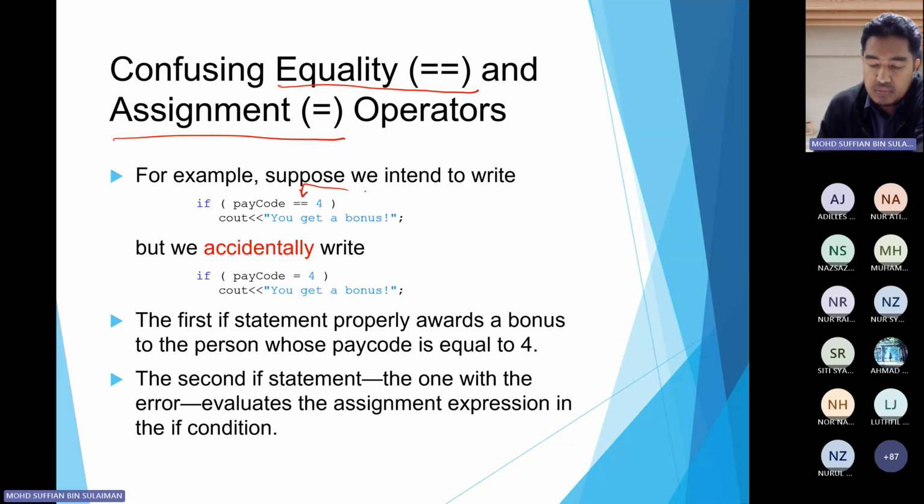So the result is either true or false. But if you just put like this, the assignment operator, meaning that you want to assign the value to the variable pay code, what happens? The compiler will read it as true only. There is no false. So this is sometimes what we call a careless mistake.